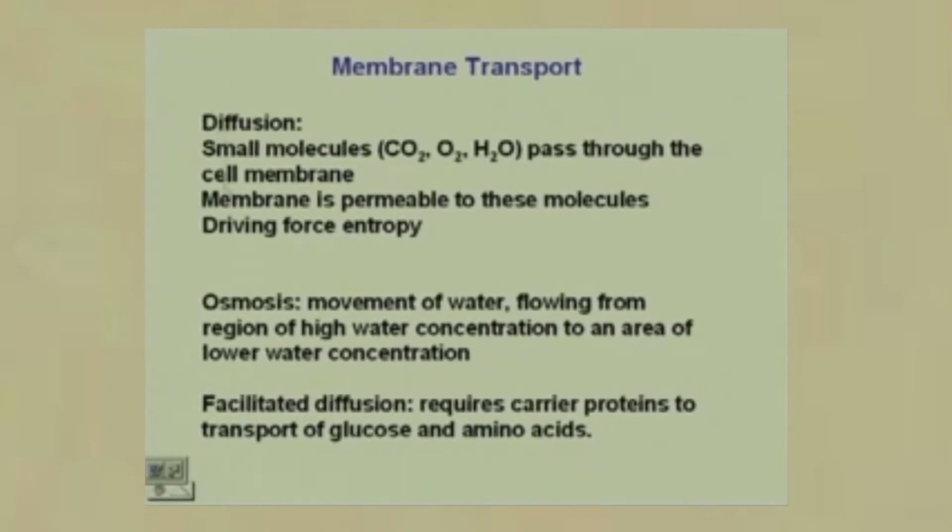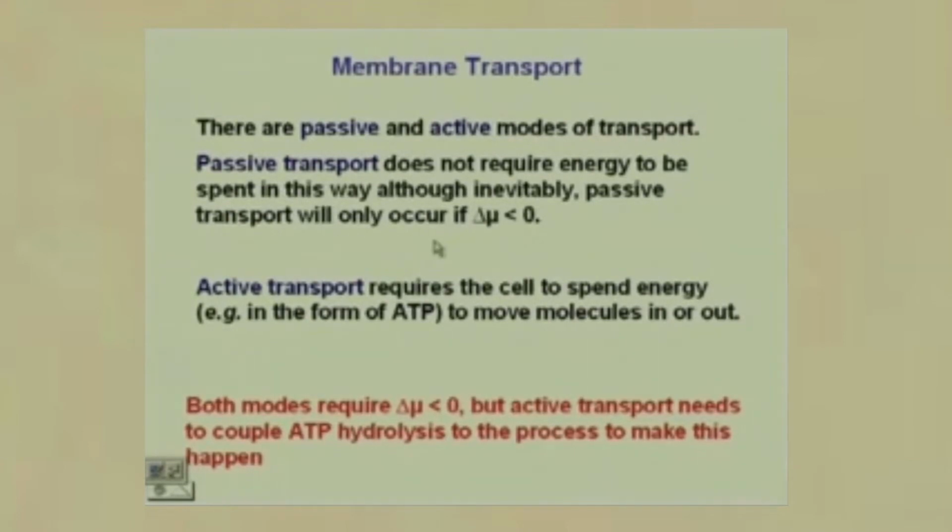Okay, so we have diffusion, we have osmosis, we have facilitated diffusion. We also have two other kinds of transport that are called passive and active modes of transport. When we have passive transport, it means that there is no extra energy required for the transport of the solute from one end to the other.